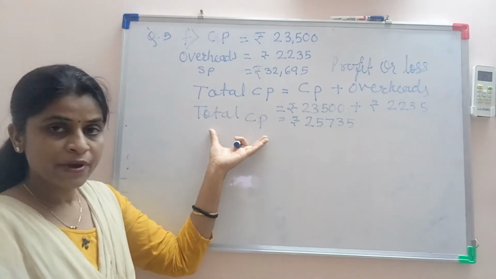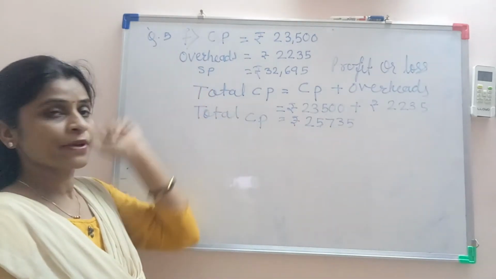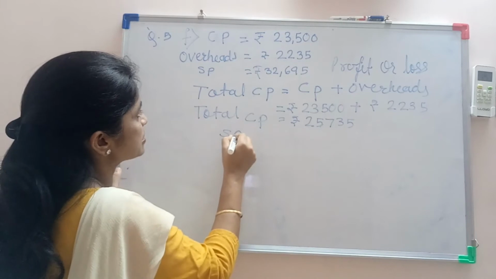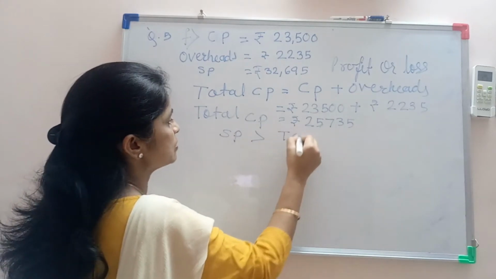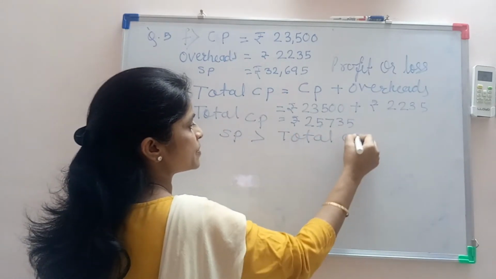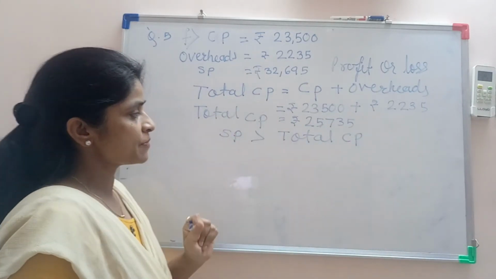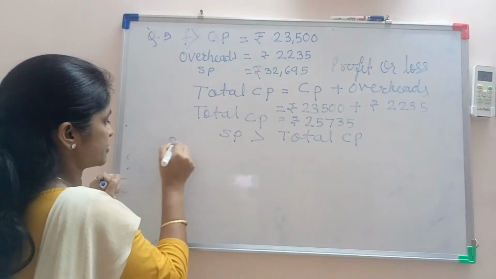Now we will compare this total CP with SP. Now see which is greater. Here selling price is greater than total CP. If a selling price is greater than the total CP, means there is profit.